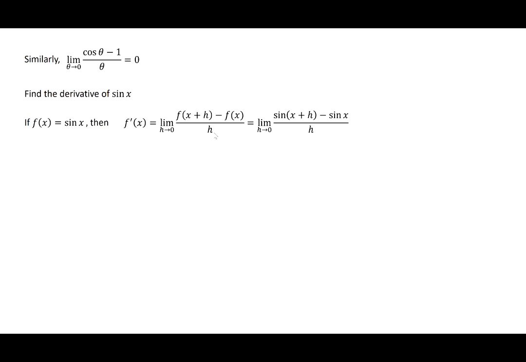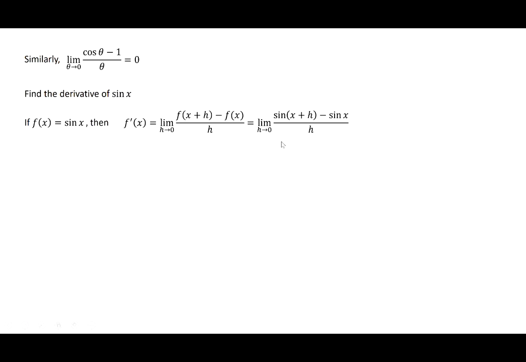So if we apply that, we notice that since f of x is sine x, f of x plus h would be sine of x plus h, minus f of x itself, which is sine x, all over h. Once again, let me reassure you, I will not be asking you for the proof of derivative of sine x.